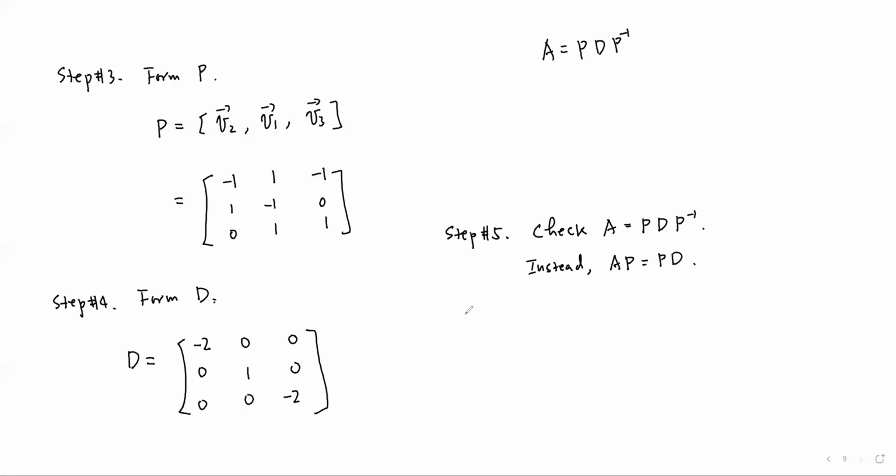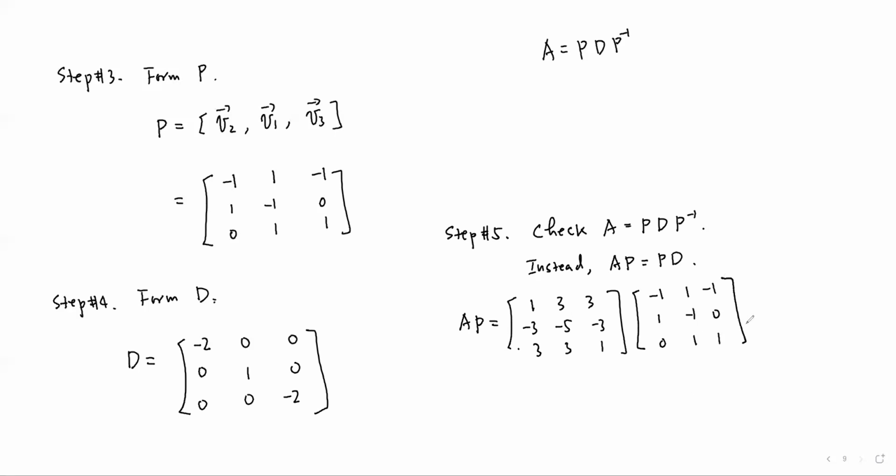Now check A times P. What is A? A is 1, 3, 3, negative 3, negative 5, 3. This is A. Now P, P here. Perform the product, row column formula.